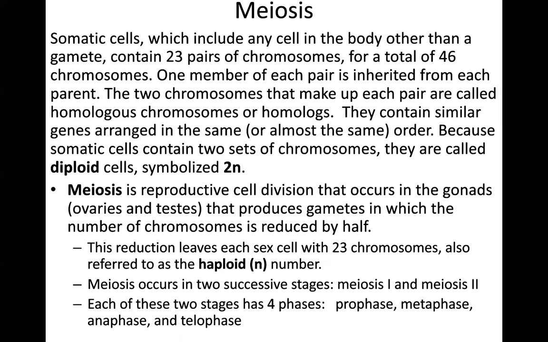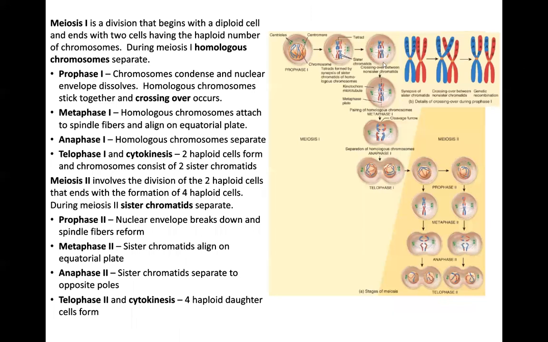Okay. Now, located on those pairs of chromosomes are similar genes arranged in the same or almost the same order. If I explain that by going to this next page, here we can see an example of a homologous pair. They always use blue or a darker shade like this to denote the paternal chromosome. That's what was given to the offspring from dad.